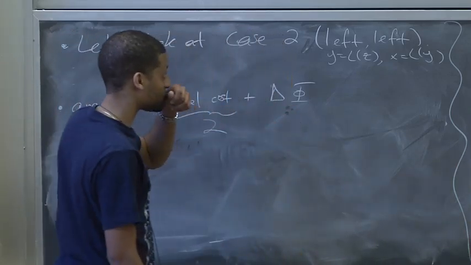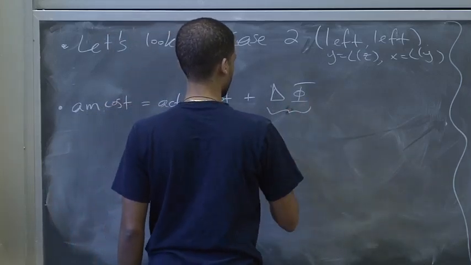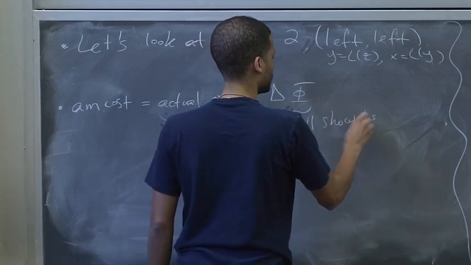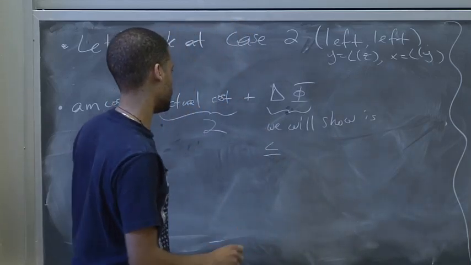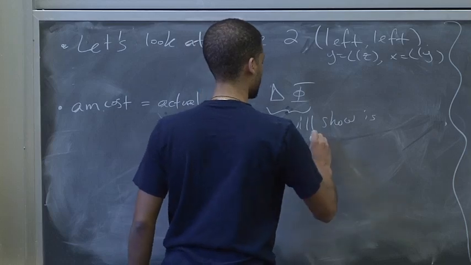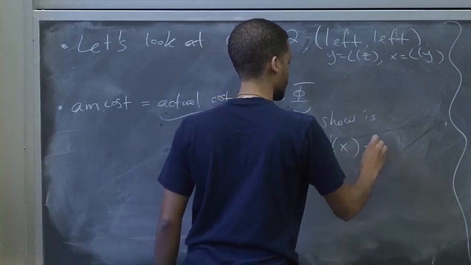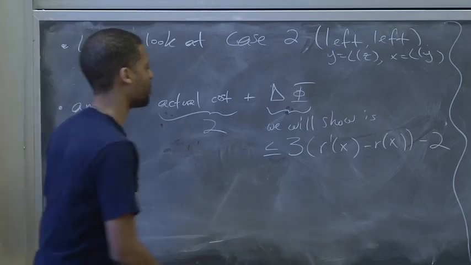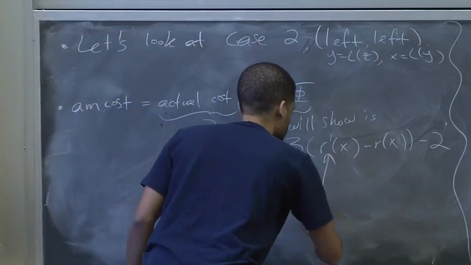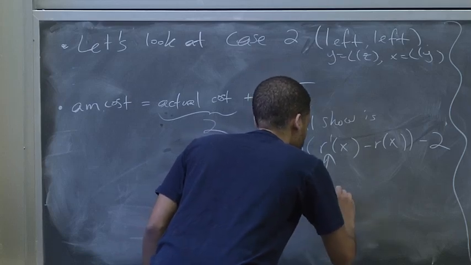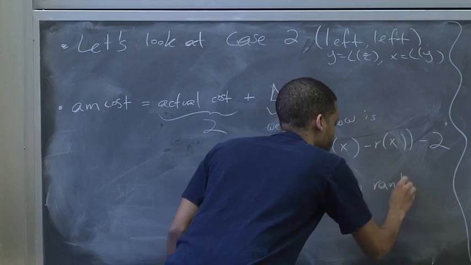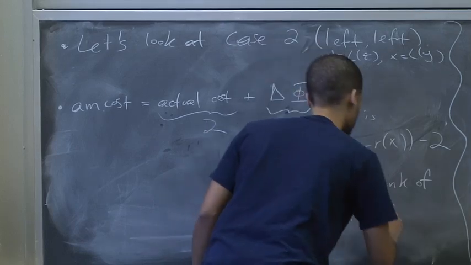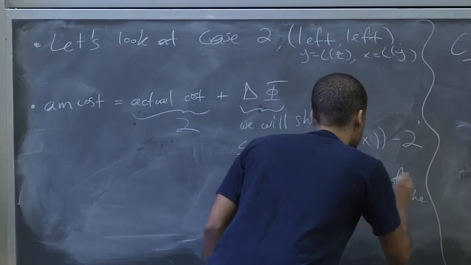Now, how about this thing? We will show this is at most 3 times r prime of x minus r of x minus 2. Now, what's r prime of x? This is the new rank of x after we do the 2 rotations.